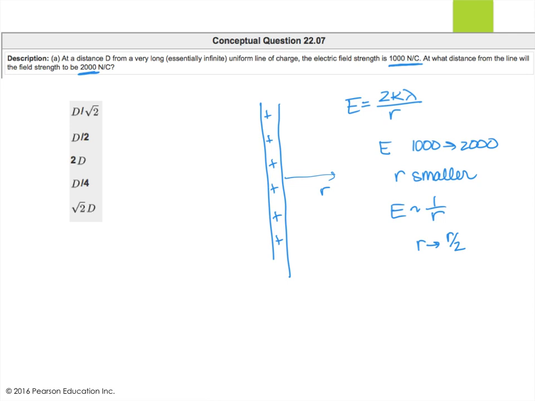We want it to be half as big, because if we go half as far, closer, it will make E stronger. Now in this particular question, they replaced R with D, and so instead of choosing R over 2, I will choose D over 2.